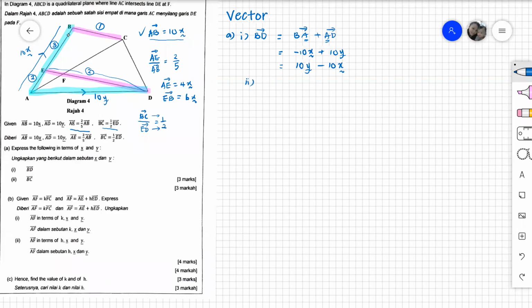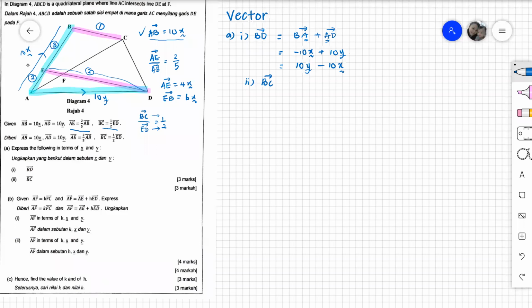Now part two. For part two, we want to find BC. So look at the diagram. Where can we see BC? BC is here. So how do we find BC? BC is actually half ED, because I do not have a path to link from B to C directly. I don't have that blue path, but I can use ED, because we are given the relationship between BC and ED.